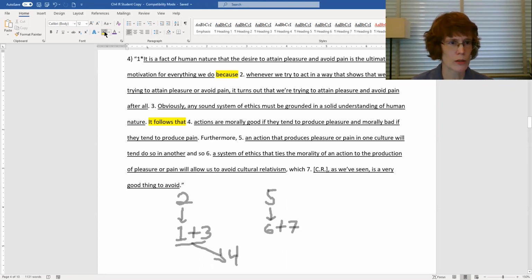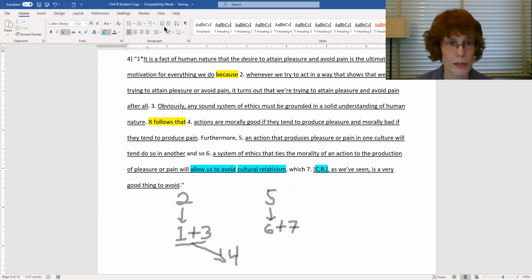And I will use blue to mark what they have in common. Well, they're both talking about cultural relativism. And they're both talking about avoiding it, being allowed to avoid, right?